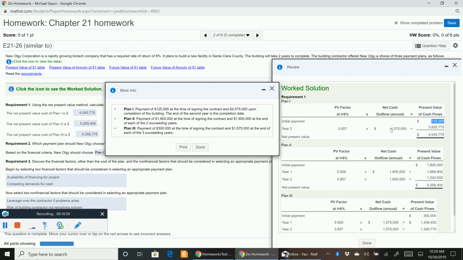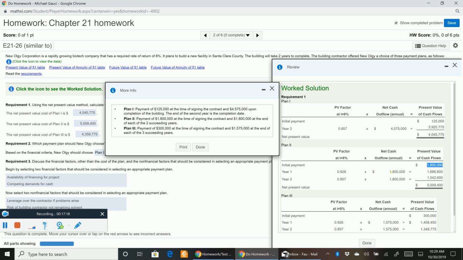Multiply that by the dollar amount that we would need to pay, and that equals the present value of the $4,575,000. And so the net present value is $4,045,775.